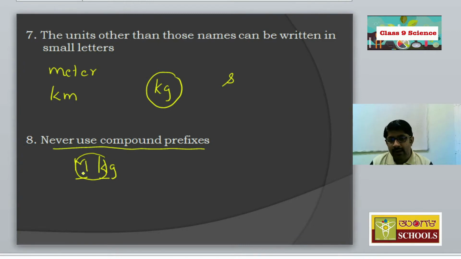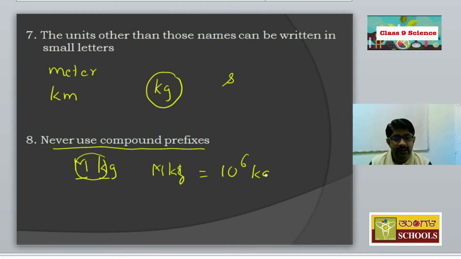So M will be one prefix, k will be another. k is equal to 1000, M is equal to 10 to the power 6. So don't try to mix the compound prefix. Instead of writing mega kilogram, better you say 10 to the power 6 kg.